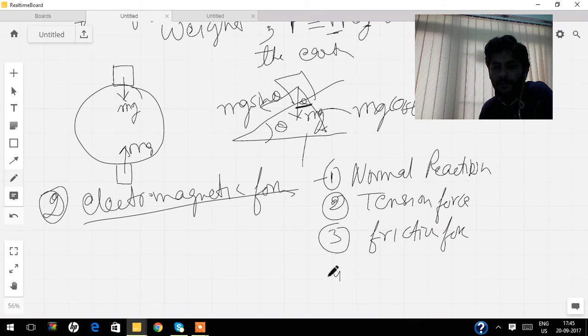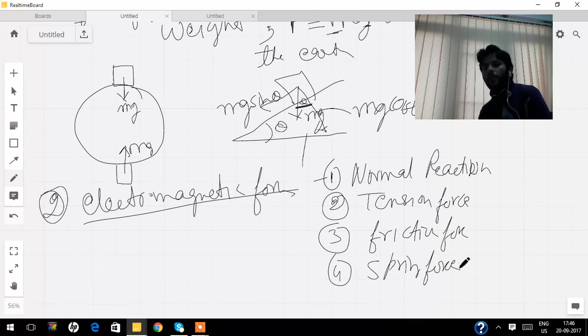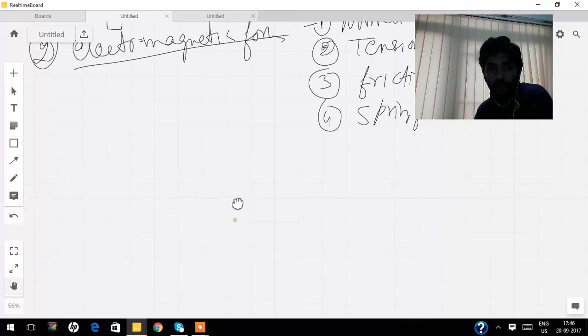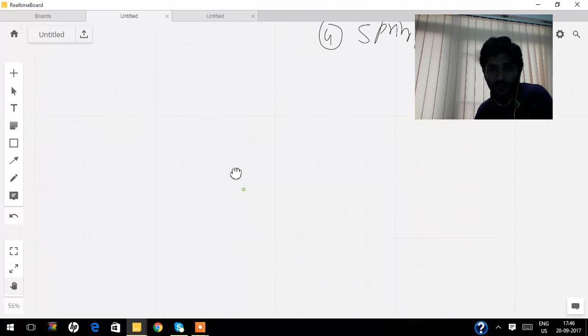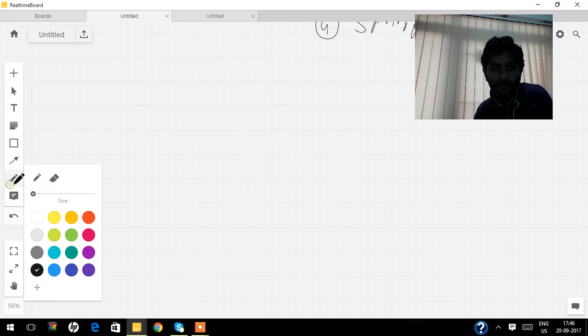And the last type of force is our spring force. So these are the 4 major types of electromagnetic forces that we are going to study in this particular chapter, but this doesn't mean that only 4 types of electromagnetic forces exist. In fact, we are surrounded by a large number of electromagnetic forces.